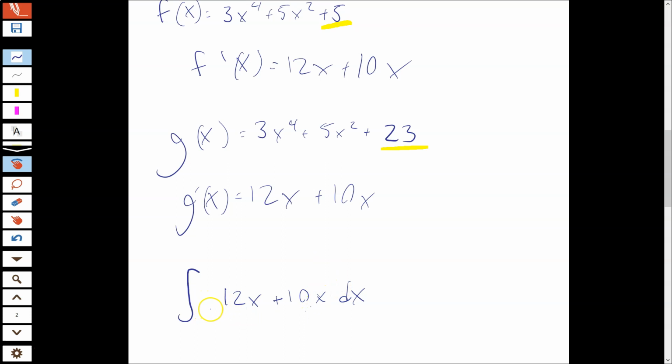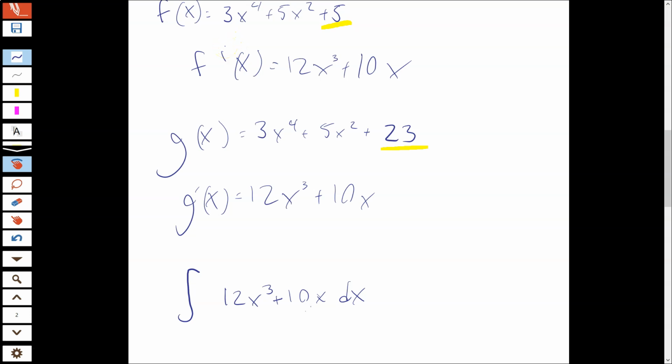If this just means take the antiderivative, I don't know which is which. Oh, I forgot my exponent in both of these, didn't I? 12x to the third, 12x to the third. You were probably screaming at your computer trying to get me to fix that. So regardless though, if I took this integral now, I wouldn't know what I would get. There's no way for me to figure out whether this integral came from g or f.